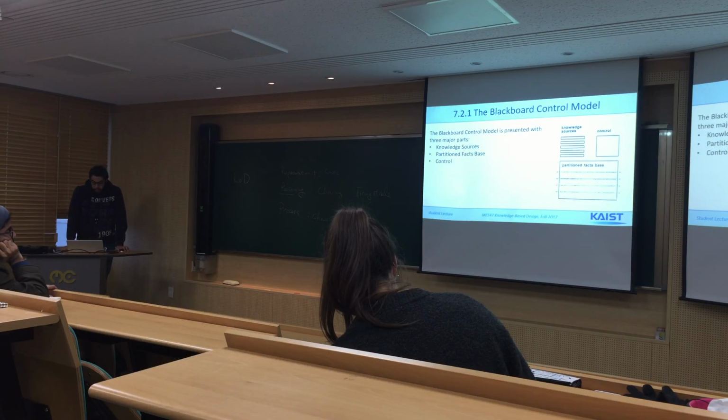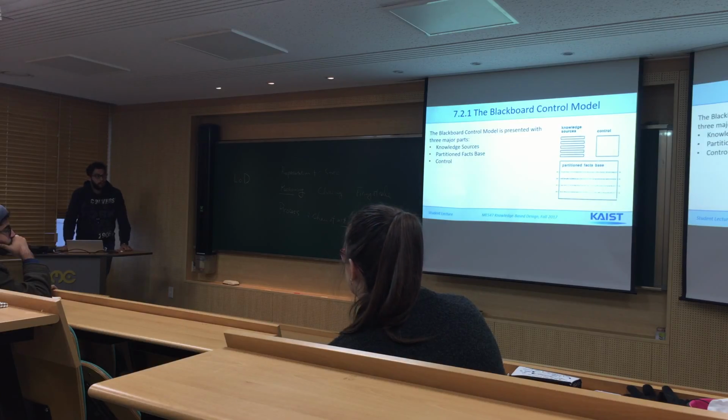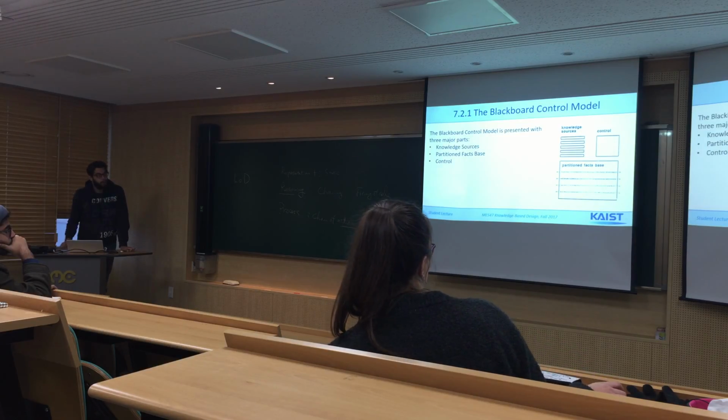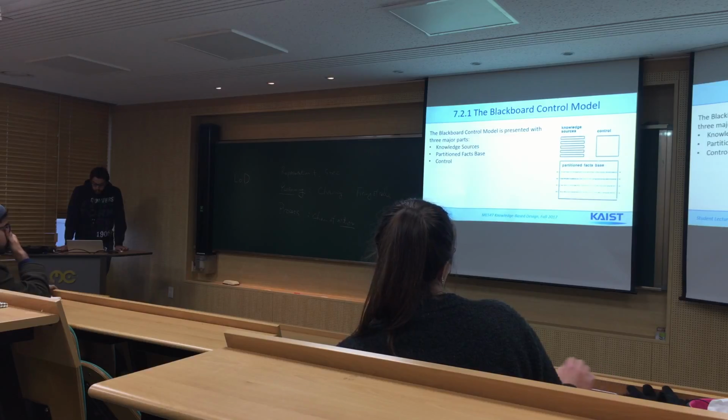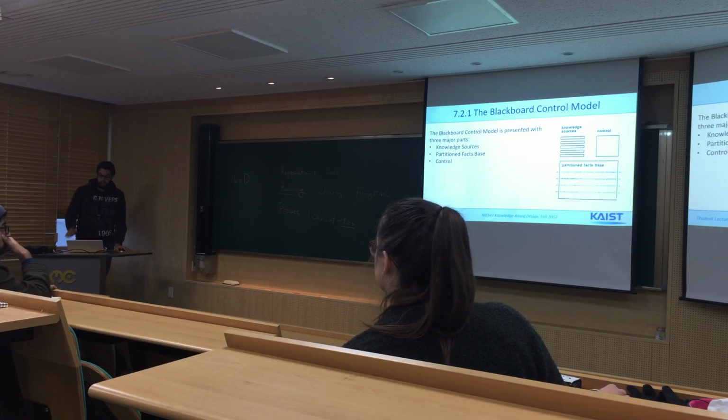So let's see what this Blackboard control model is. The Blackboard control model is presented with three major parts that you can see in the graph on the right. This model is made of knowledge sources, the partition fact base, and control, which controls the model itself.